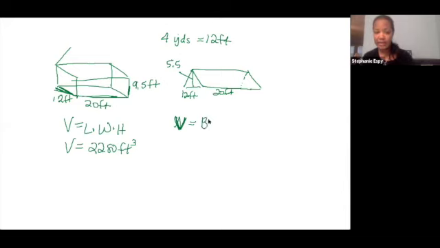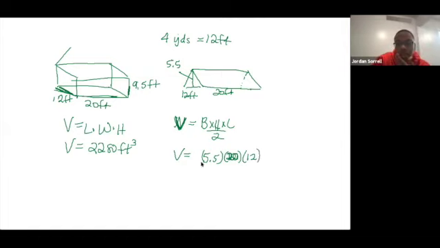So it's base times height times length divided by 2. So that's 5.5 is the height. And then we have the 20, not 12, 20, which is the length, and the 12.